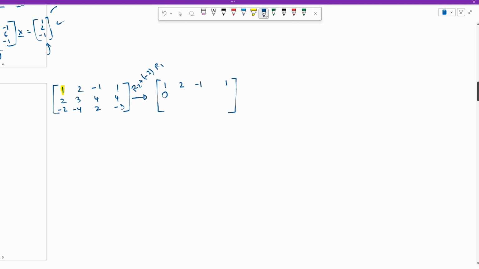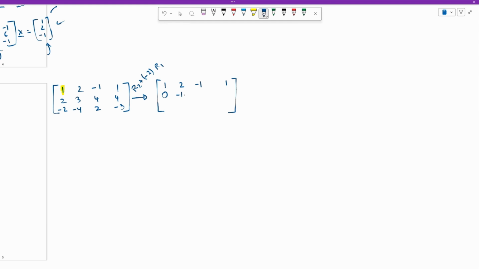Louder. 1. Are you sure? Hey, it will be 6, no? See, in fact, the 1 is also wrong. You add minus 2 times the first row.